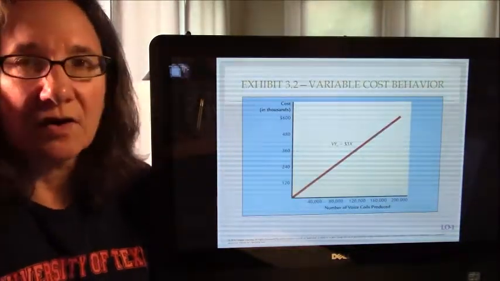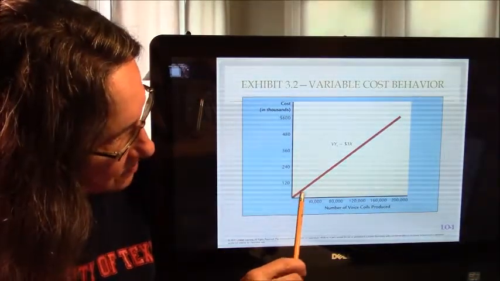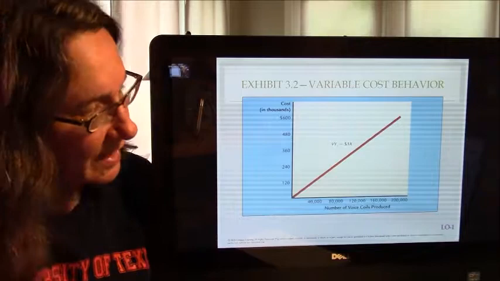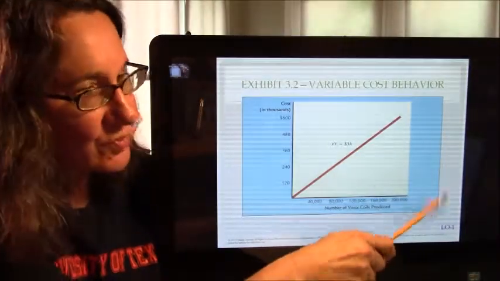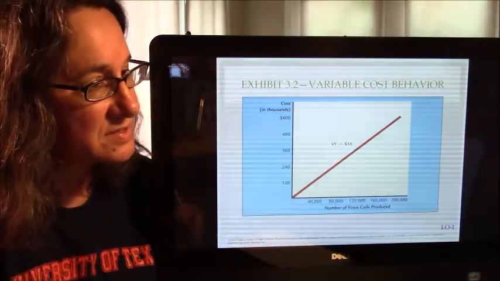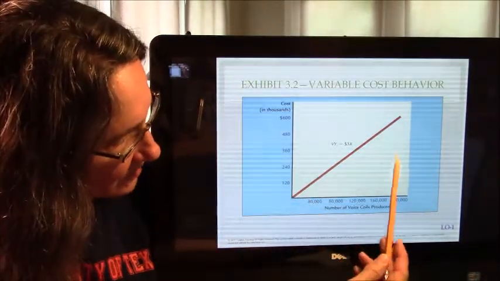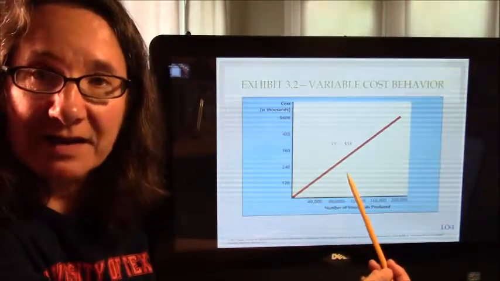And if you were to draw it, the line would start at 0 and go on within our relevant range. I mean, we may not be able to produce more than 200,000 with our machine, something like that, but it's just a line starting at 0 and increasing with a slope of 3, right? Because it's $3.